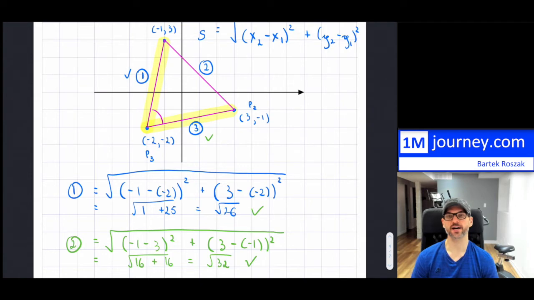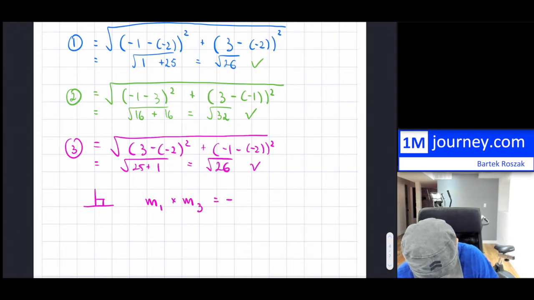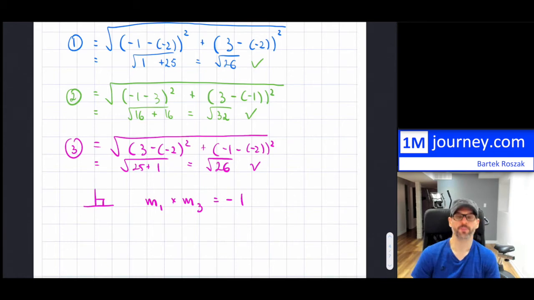Well, we test it out by simply taking those two lines, line 1 and line 3. We know that they're identical to each other as line segments, but we can take the slopes of each line. If we take the slope of line 1 multiplied by the slope of line 3, and this is equal to -1, then we know that they are at a 90-degree angle.